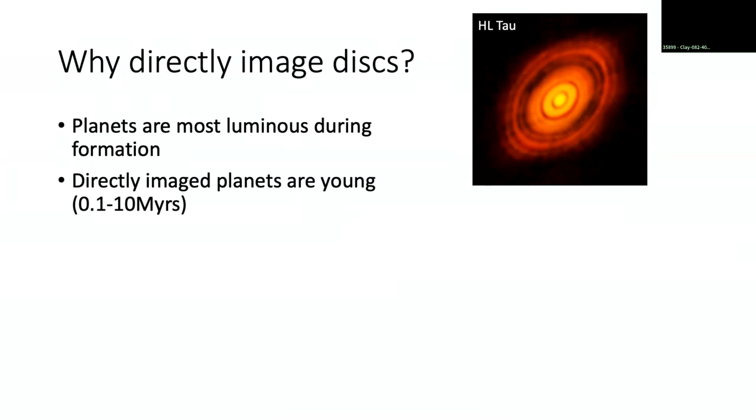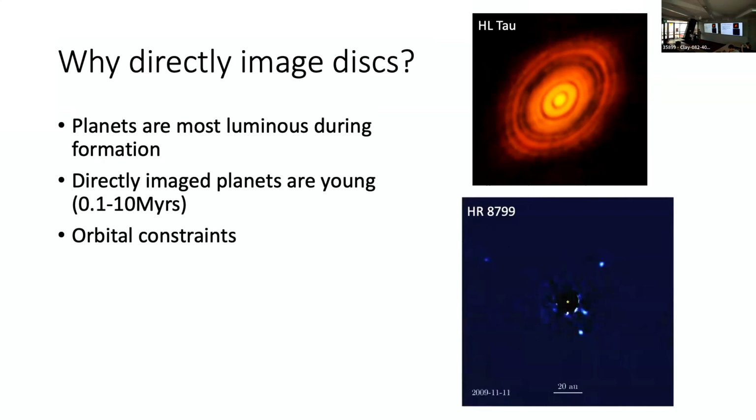They're also very young, between 0.1 and 10 million years old, which is a region of the parameter space that you cannot probe with methods such as transit and radial velocity. And we can also get orbital constraints by directly observing protoplanetary disks with an embedded planet over several years. We can watch as their orbits change.